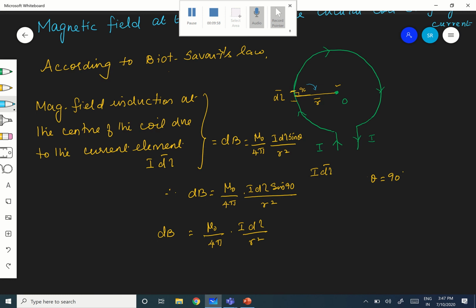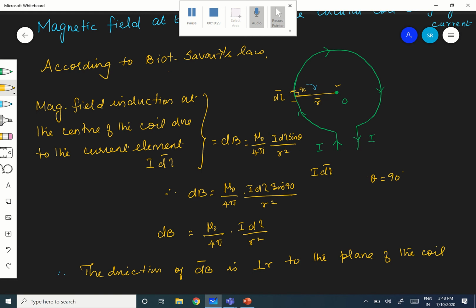Okay. Therefore, what is the direction of the magnetic field, the direction of the vector dB? Yes, perpendicular to the plane of the coil.